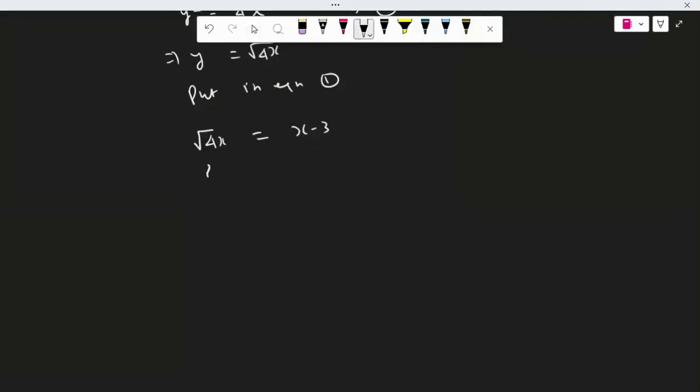So squaring both sides. If you square it, it will not be 4x square, it will be 4x only. If you square root 4x, this root will be cancelled out with this square.